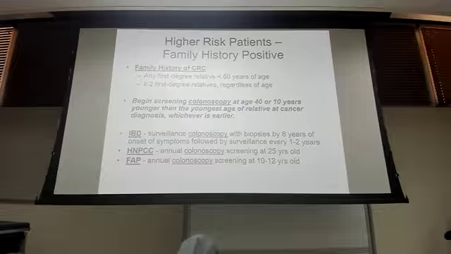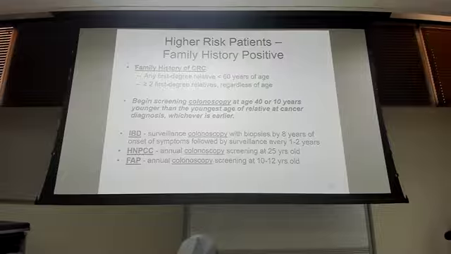If your patient has IBD, you're going to do a colonoscopy with biopsy every 8 years at the onset of symptoms, followed by a colonoscopy every 1 to 2 years, which is the exact same metrics we talked about in the last lecture. 8 to 10 years from diagnosis, get a colonoscopy, and then every 1 to 2 years from there. The HNPCC we discussed, remember it happens in our younger population, annual colonoscopy screening at 25.